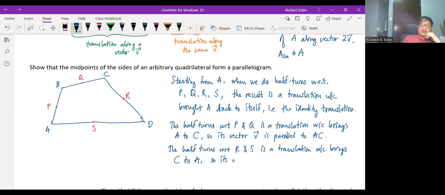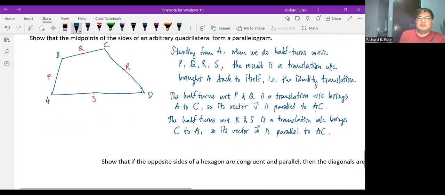So its vector W is parallel to AC. However, okay, when you do the 4 translations, the result is supposed to be the identity translation. Kumbaga, walang nangyari.